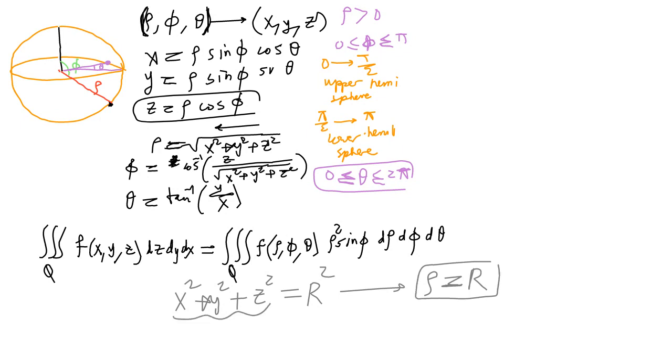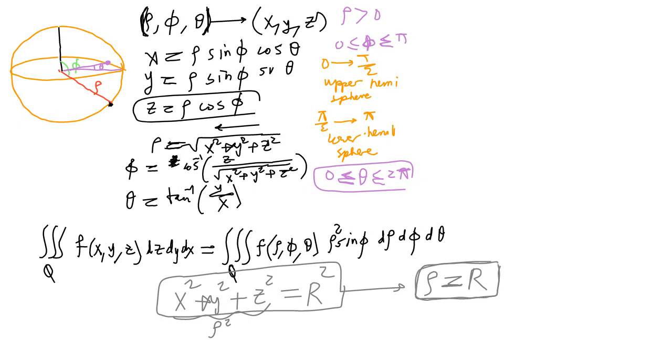Why? Because this is rho squared. So rho squared equals r squared, rho equals r. So remember this. A sphere is transformed by spherical coordinates to a single value.